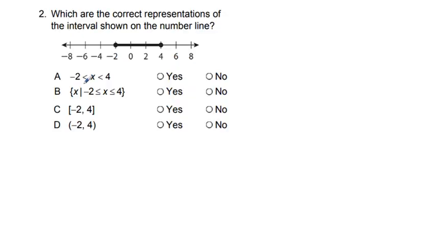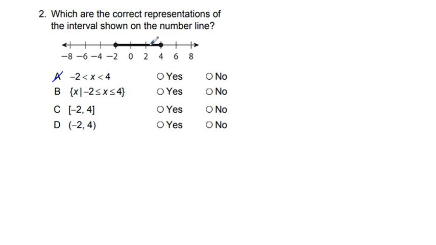Next, 2. Which are the correct representations of the intervals shown on the number line? The key thing is understanding what these points are. Is this an open point or a closed point? If it's an open point, A would be a correct answer. Now, the second one, B, x such that x is greater than or equal to -2, is that correct?